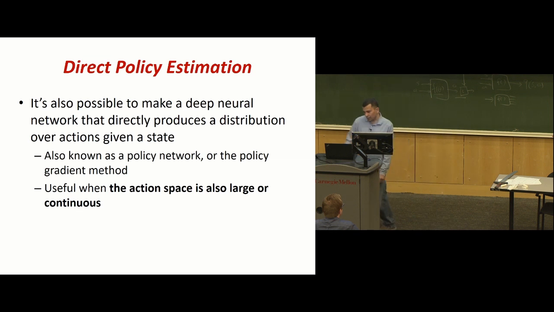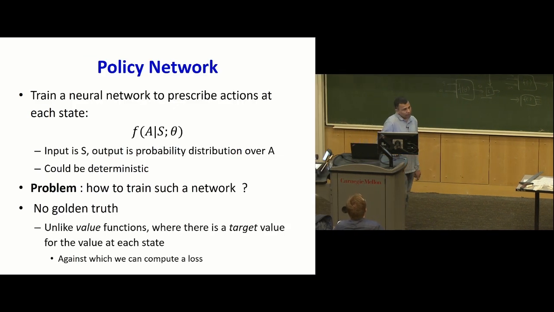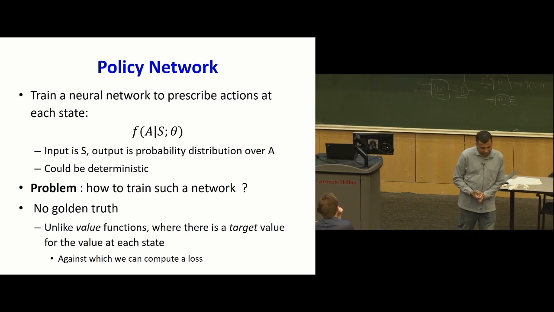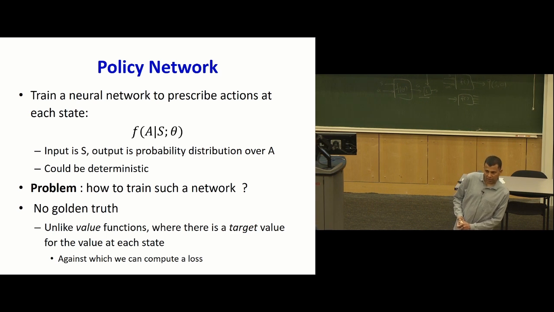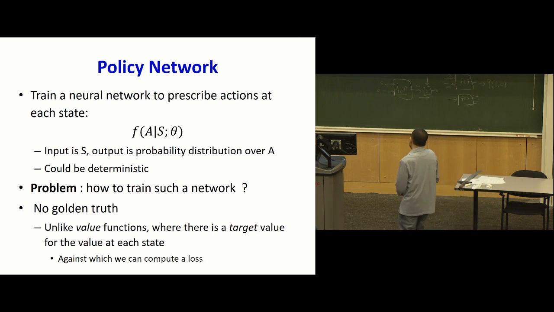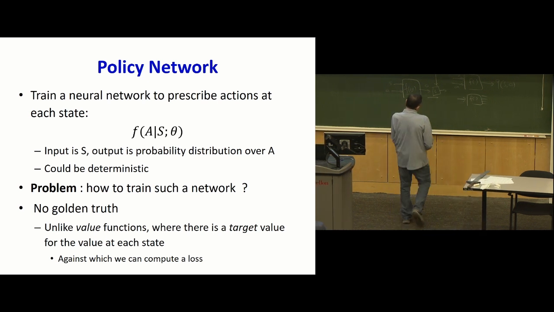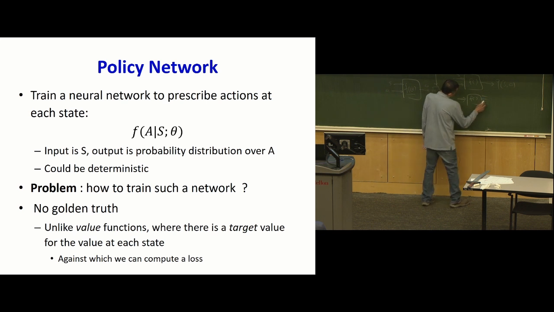Regardless, the point is now we have a function f which at any given state will give you a probability distribution over actions. And this function f is also parametric, and it must be learned. So here you're going to have a situation of this kind. You have s going in.